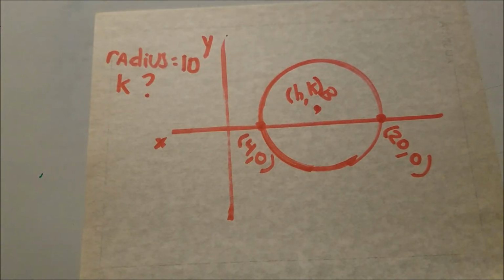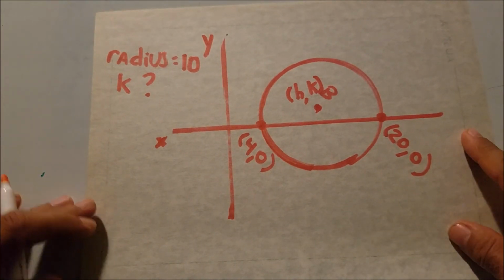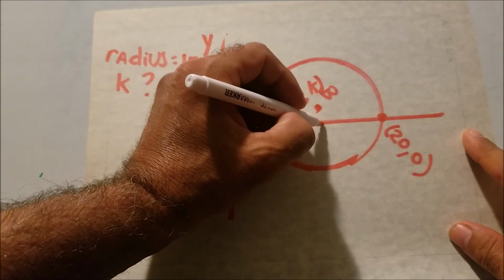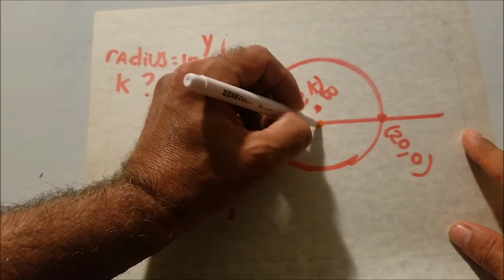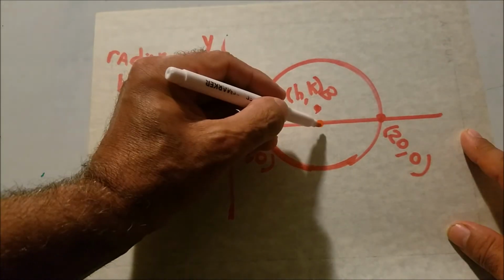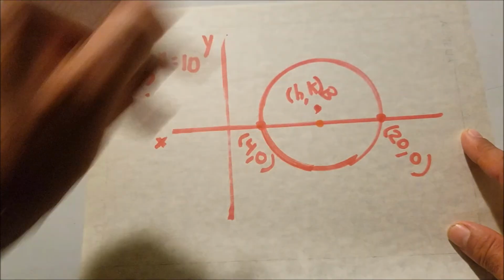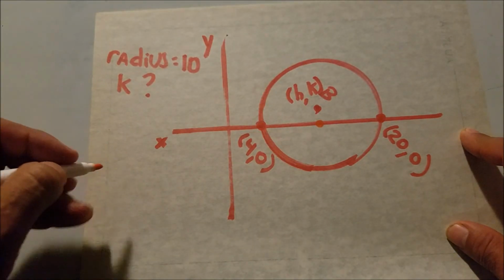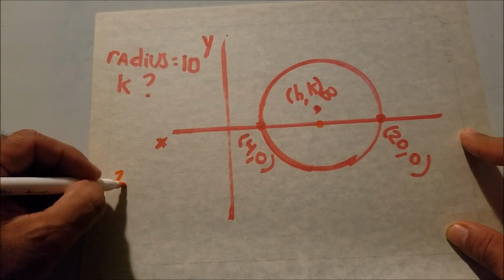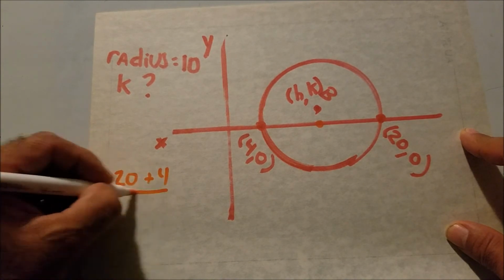Now we can get h and k with the midpoint formula. So in the midpoint formula, we're just trying to find what this point would be. That will give us h. What's the halfway point between this point and that point? Now basically all you have to do is just do 20 plus 4 divided by 2.